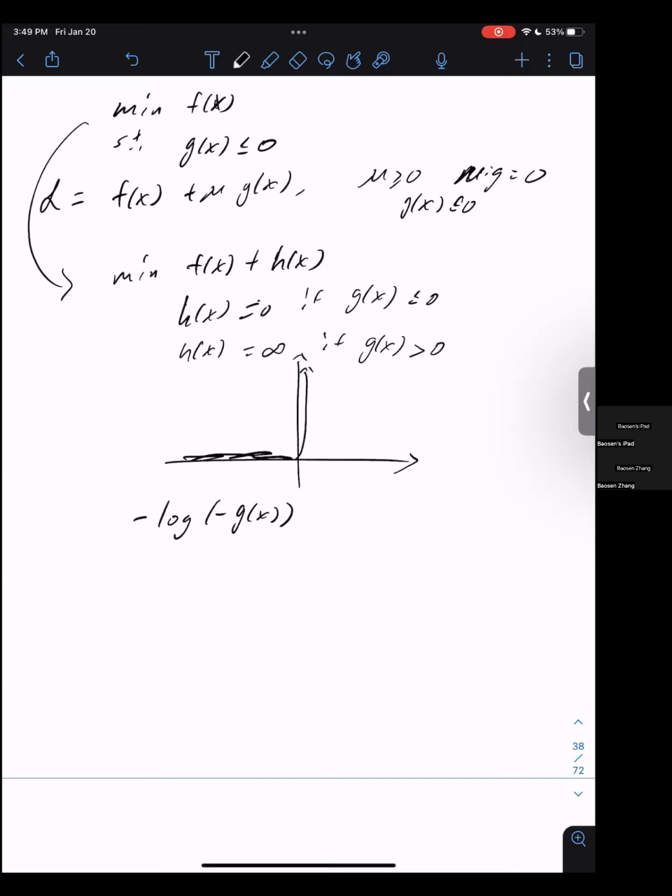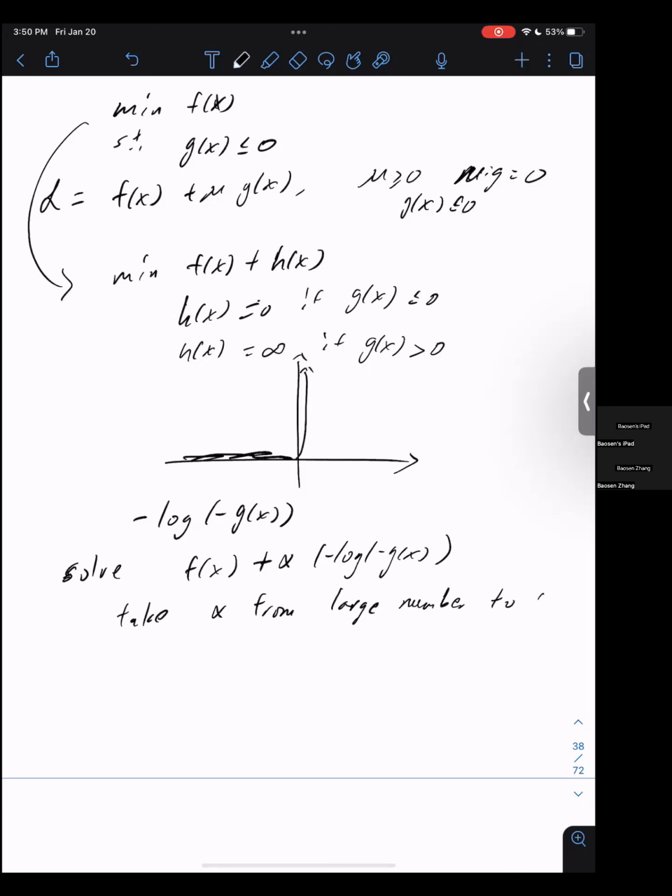So what you solve is the following problem: f of x, and now you put a constant up front, alpha, times minus log of minus g of x. Alpha goes from a large number to 0. Okay, so what you do is you pick an alpha.